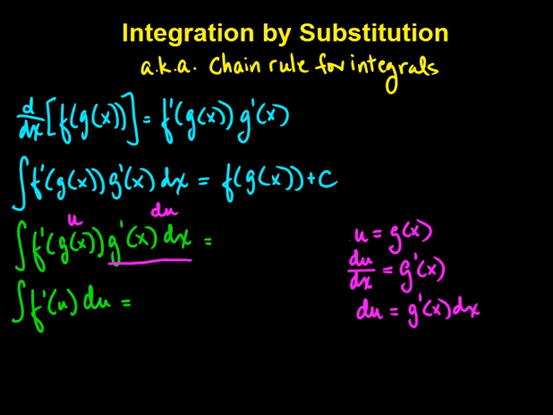And finally, we know that since integration reverses differentiation, the integral of the derivative of f of u with respect to u is simply f of u plus c, of course. Swapping out the u again for g of x, we get that the integral of f prime of g of x times g prime of x dx is simply equal to f of g of x plus c.